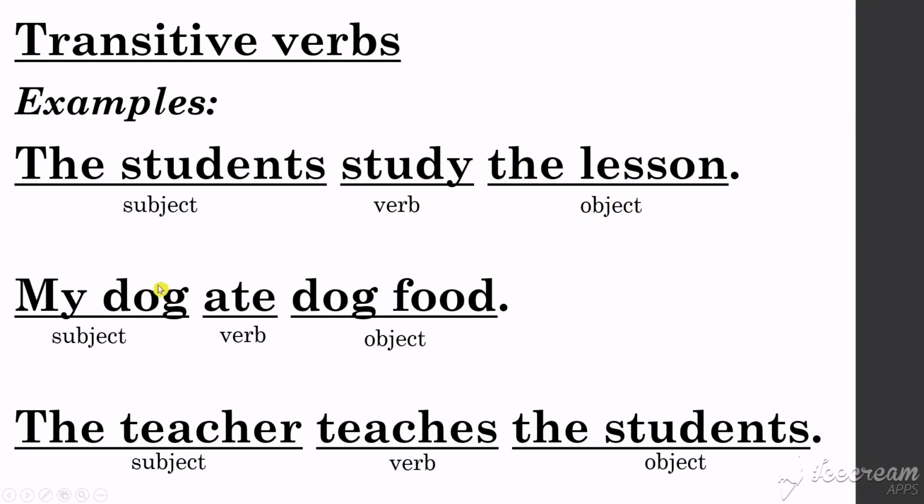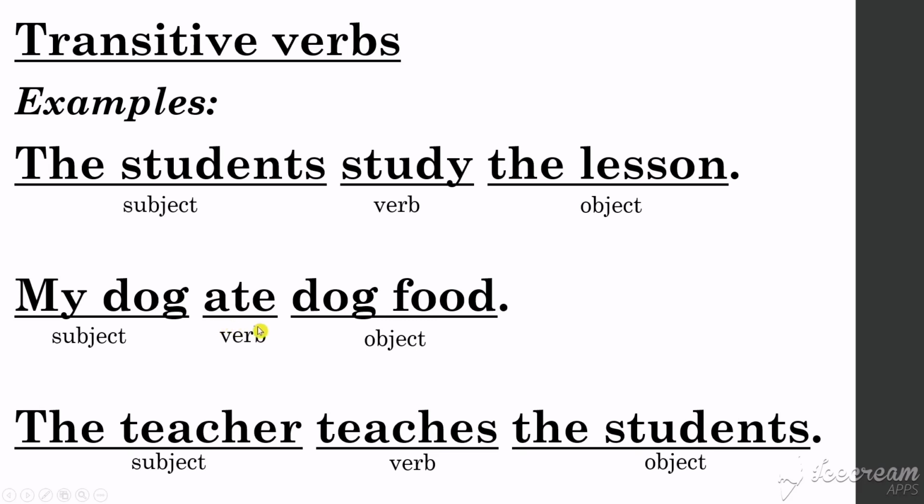Example number 2. My dog ate dog food. The subject here is my dog, the verb, ate, and then the object, dog food. What is the verb here? Ate.